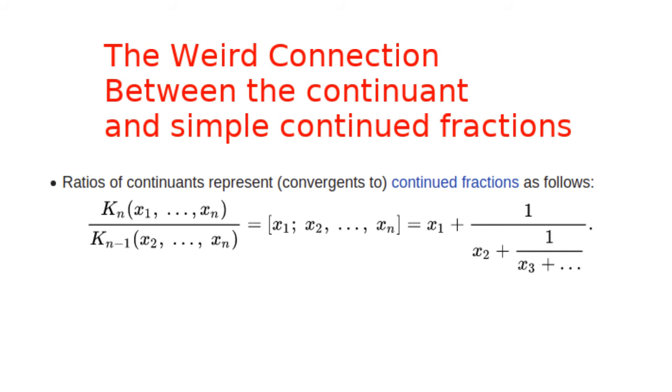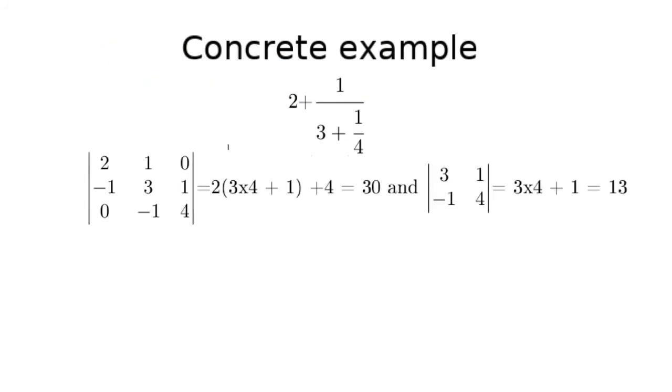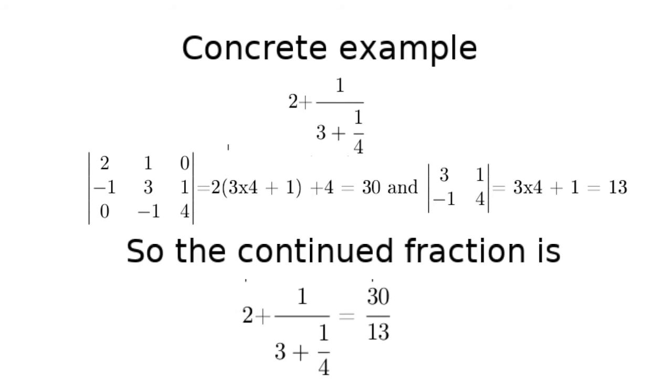So you have to remember that in that case, we have to do these things. So you get 30 for the top and 13 for the bottom. So the continued fraction is 30 over 13, and you can verify that by doing the continued fraction out by hand. Now that is K_3 over K_2 of those numbers.